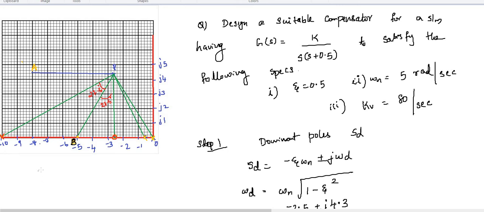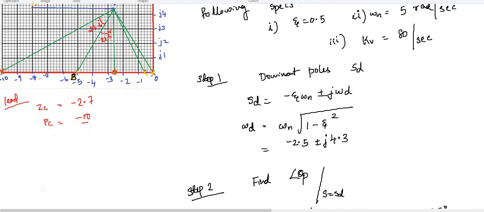So in the lead compensator we got the value of Zc equal to minus 2.7 and Pc equal to minus 10. So we got approximate values of the pole and zero like this.